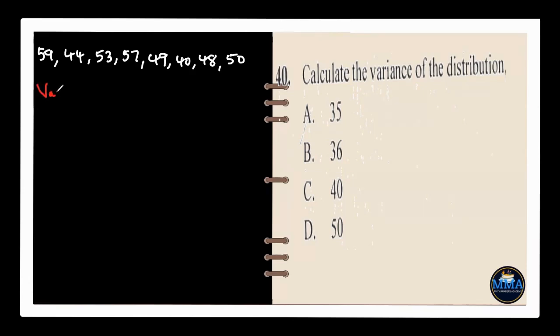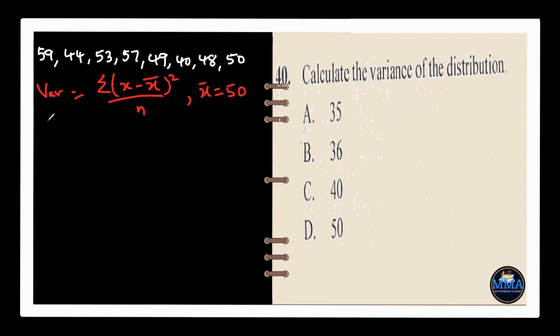Variance is given by this formula all over n. And remember also that we have calculated the mean to be 50. Okay, so there is power 2 here. Let's see what happens here.